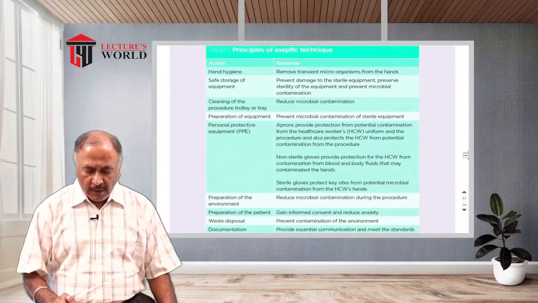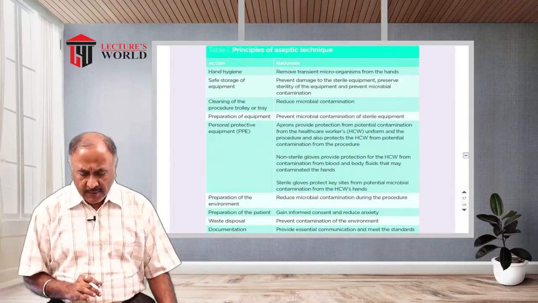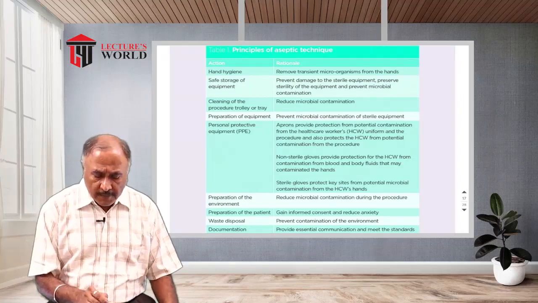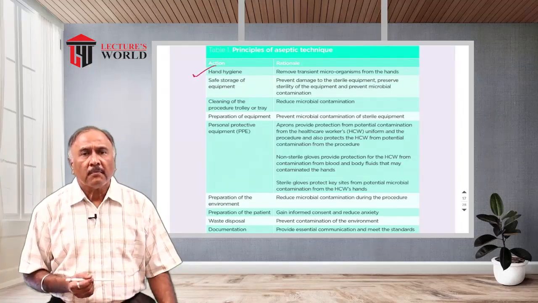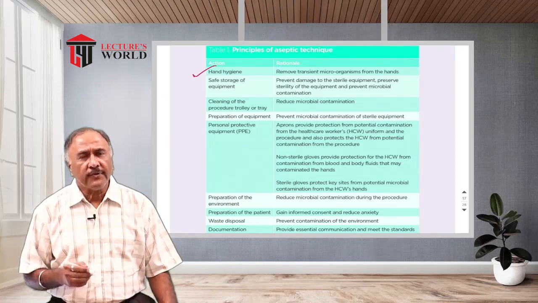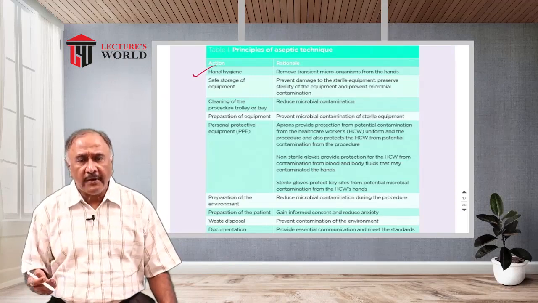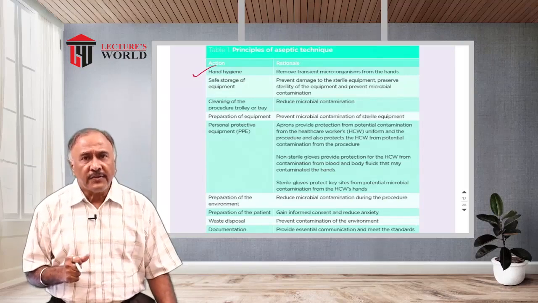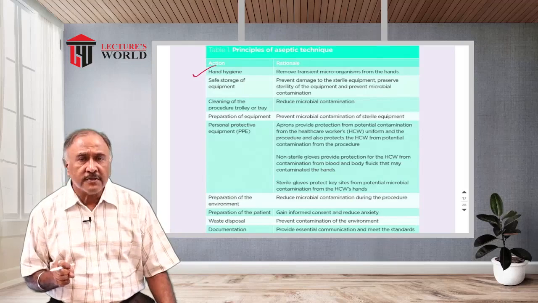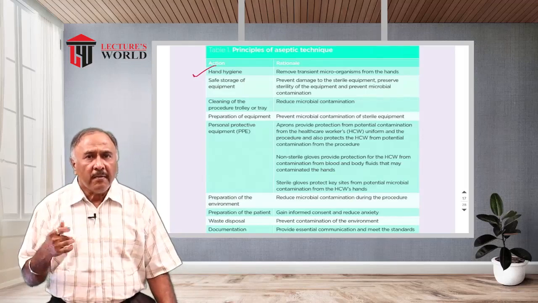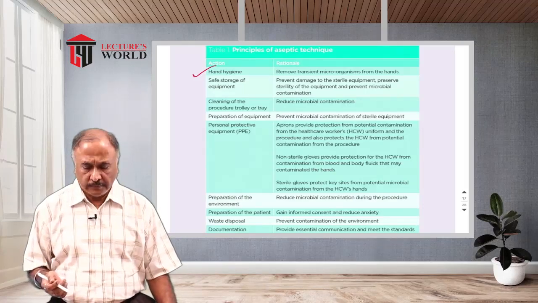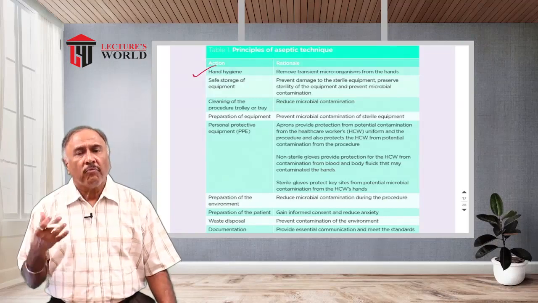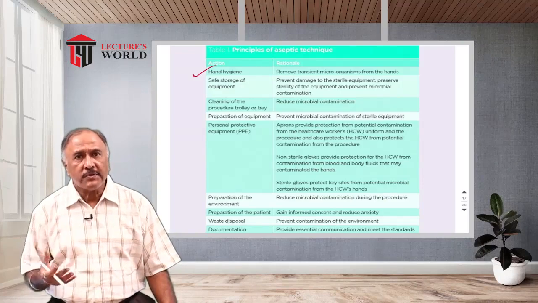Now, the principles of aseptic surgery include certain other things also. For example, hand hygiene. Everybody is asked day to day. It should be made a routine practice that we clean our hands with disinfectant or with detergents many times a day. Because, as I have told you, our hands are exposed to the environment.